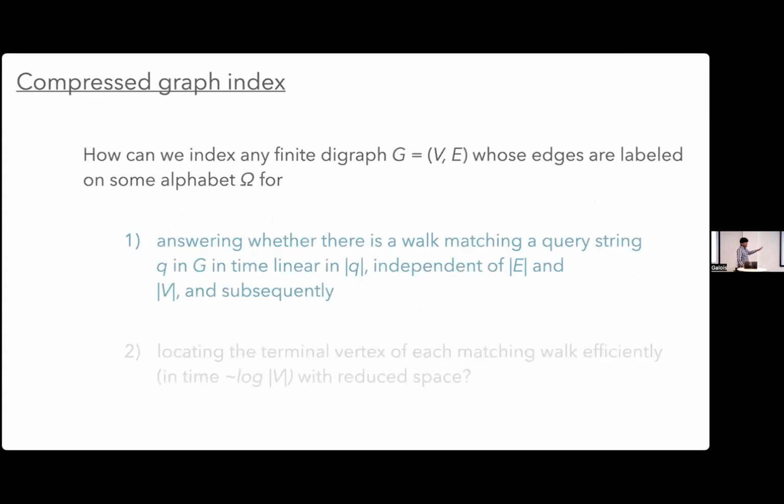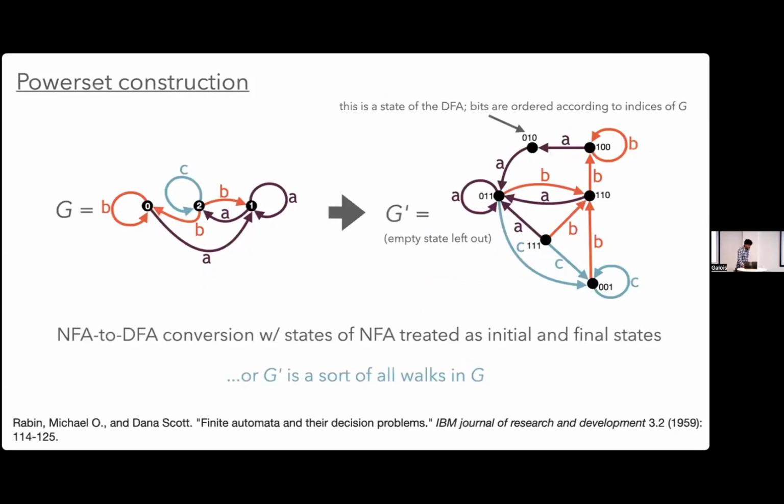So let's first attack this decision problem, whether there is a walk matching a query string Q in this graph. And this is solved by the classic Rabin-Scott powerset construction for converting a non-deterministic finite automaton to a deterministic finite automaton, an NFA to a DFA. But if you don't know anything about automata theory, don't worry, I will break this down for you without it.